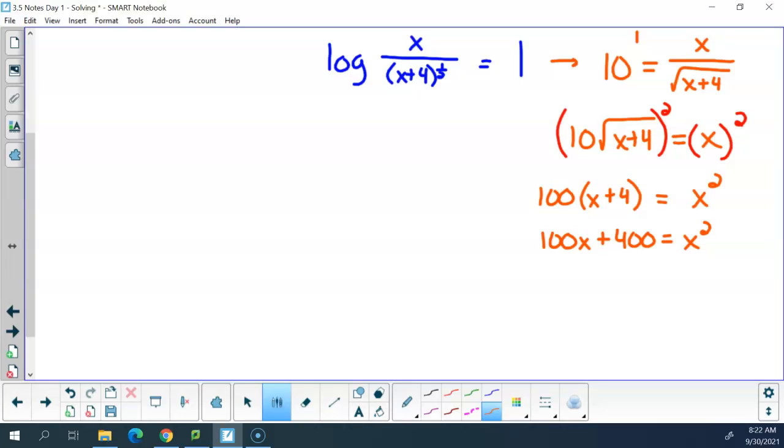It is a quadratic function. Yeah, it is. So what should we do? Is it factor? I don't think it is. First off, we should probably get everything on one side.